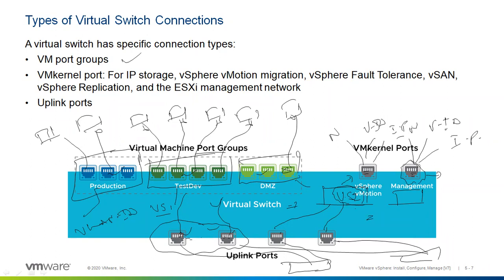Answer is no. If there is a new virtual switch, there should always be new available ports to map. So we cannot map a single uplink with multiple virtual switches. If we are using a number of virtual switches inside the host, we need separate sets of physical uplink ports. Got it?